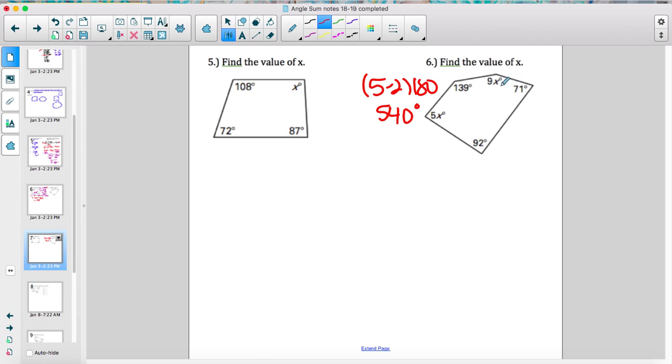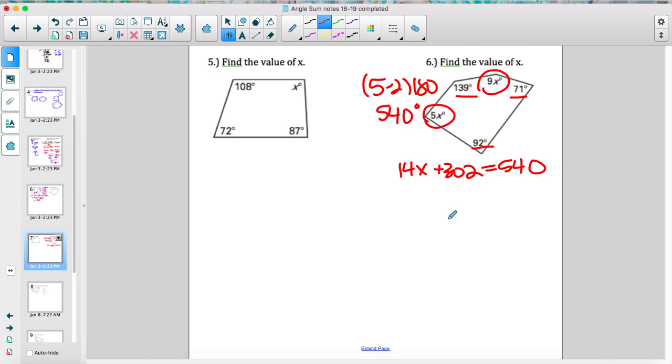And so combining like terms, we have 5x and 9x, which make 14x. 139 plus 71 plus 92 is 302. And we are going to set that equal to 540. And that's the equation that we can use to solve example 6.